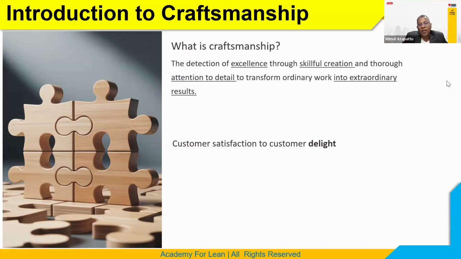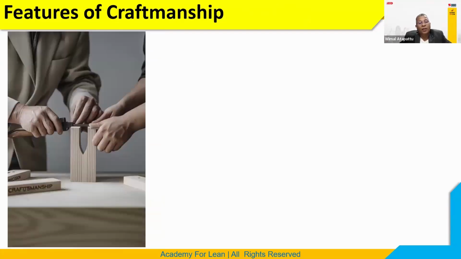Why should we do this? As you said, we are talking about not just satisfying, we are trying to delight the customer, right? Okay. So as I said, when you look at the examples, I saw items like t-shirts, bakery items, some services.